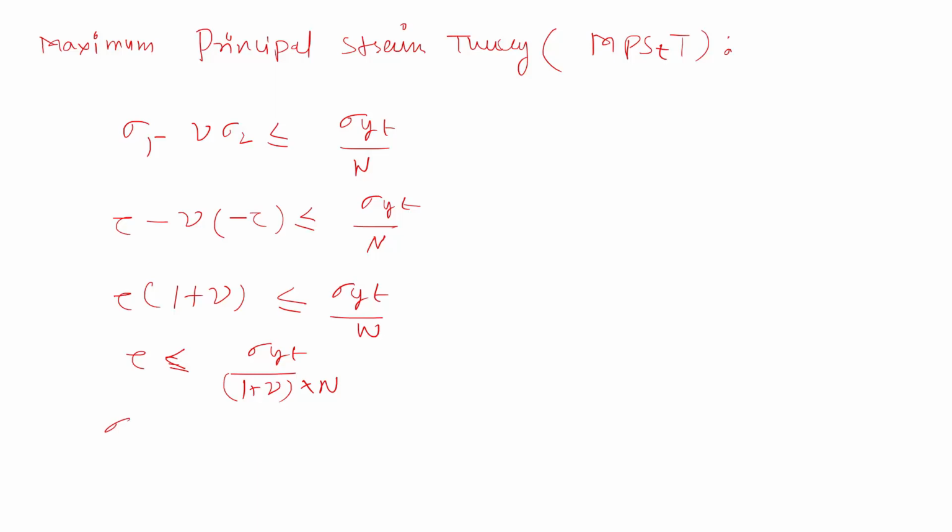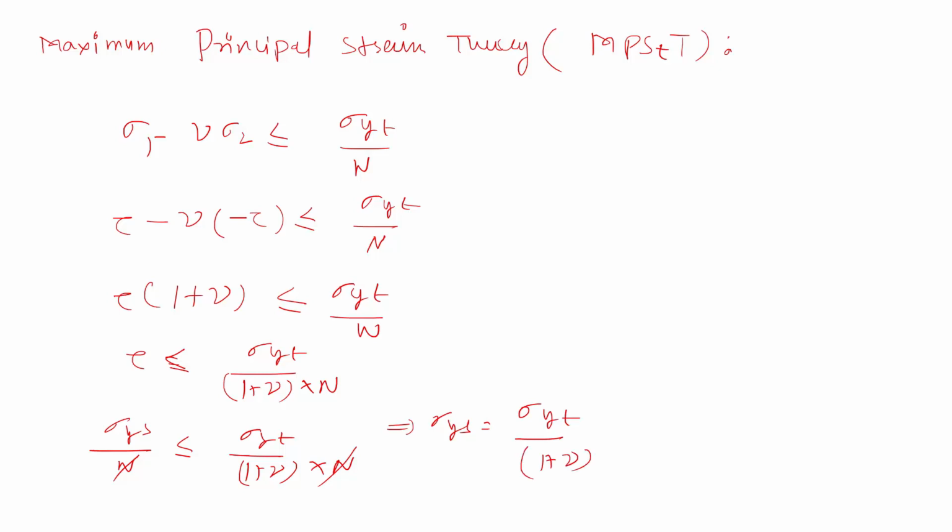So this is sigma ys over n, sigma yt over 1 plus mu, and this is n. So this n will get cancelled out, or we can say sigma ys is equal to sigma yt over 1 plus mu.